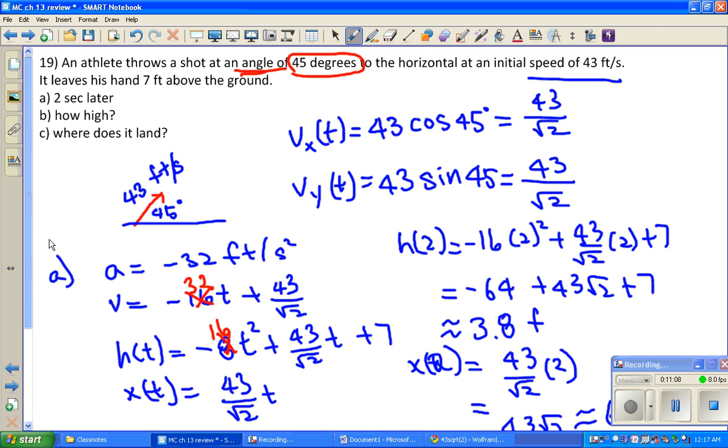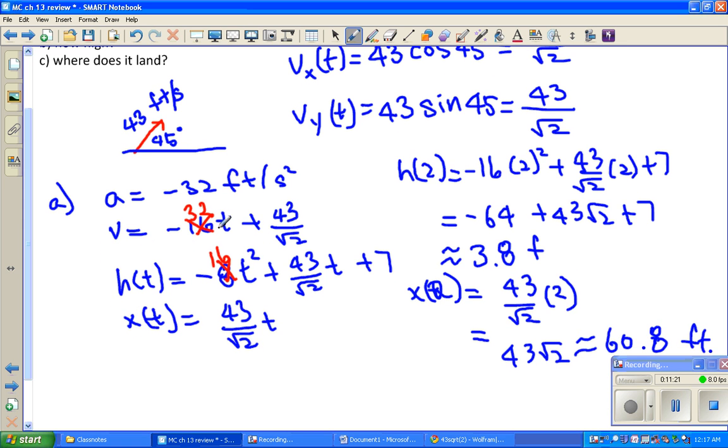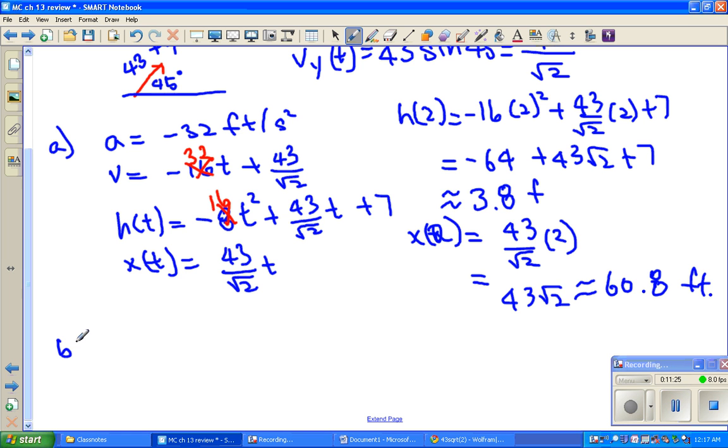Now, second, how high? In fact, how high will it travel when the shot is reaching its maximum point? We realize the velocity is equal to 0, so therefore v of t is equal to 0.